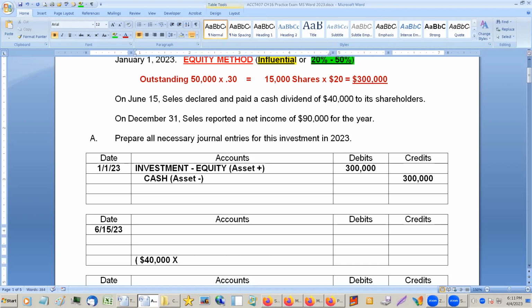We own 30% of the stock. Okay. $12,000. Okay, so this will be.